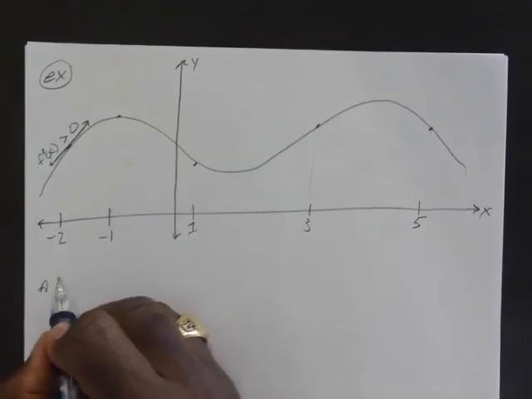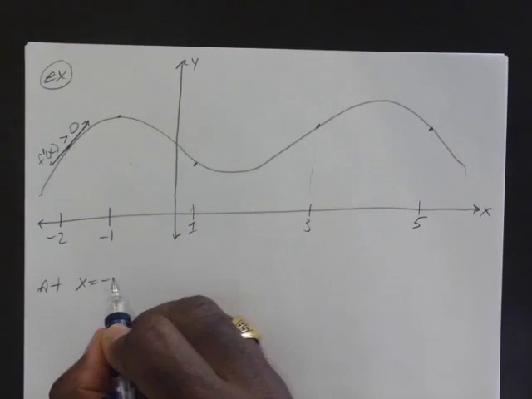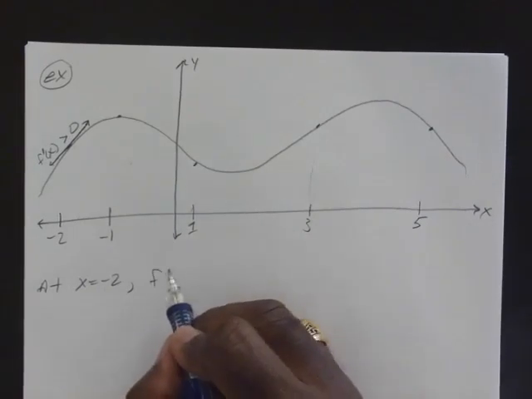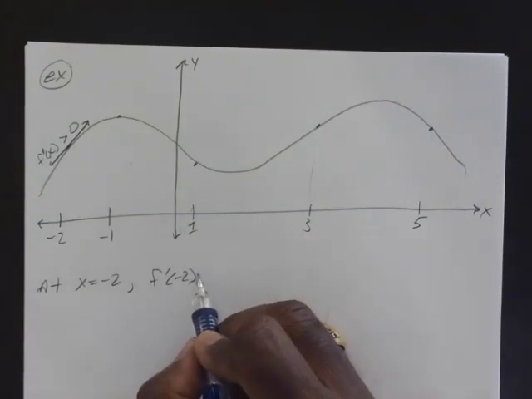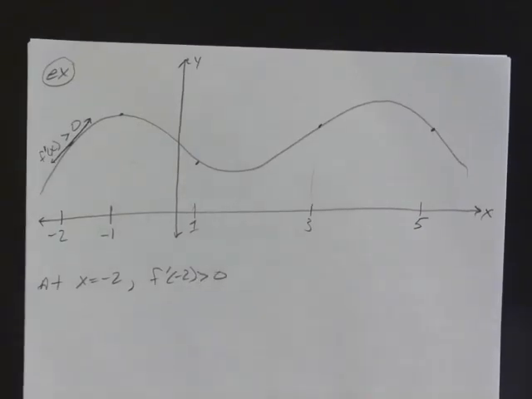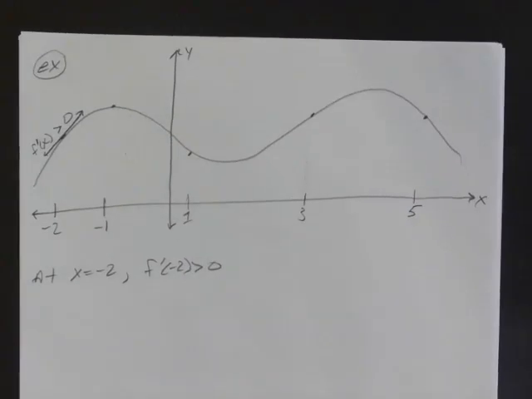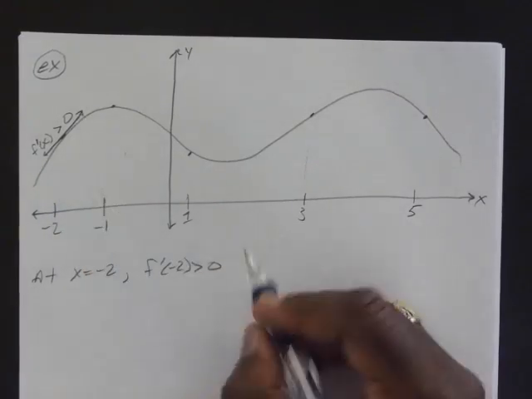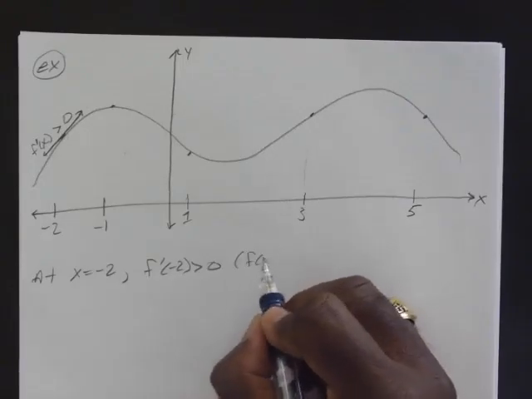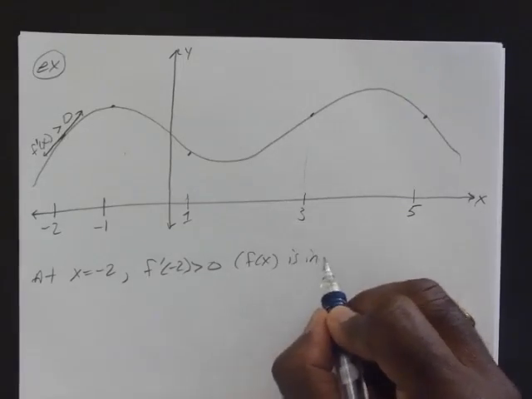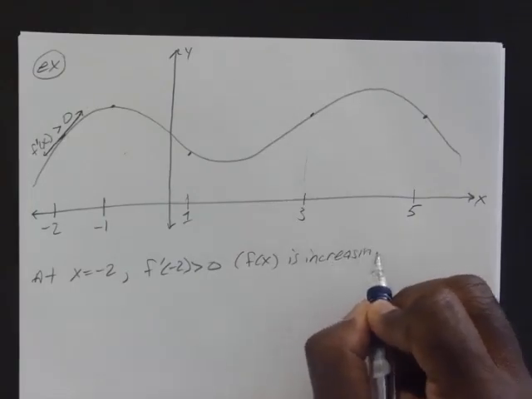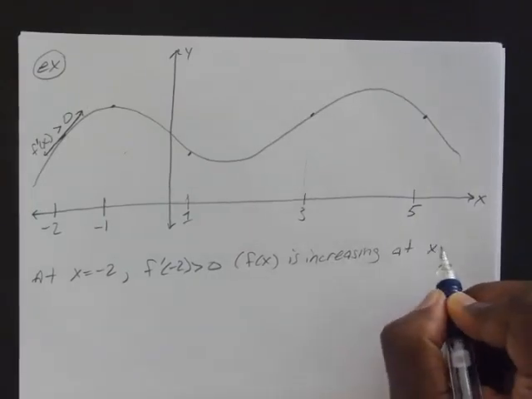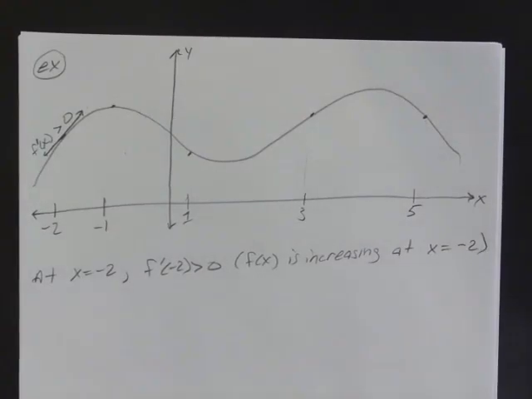Okay, so we know that at x equals -2, f prime of -2 is greater than 0. So when the derivative is greater than 0, we could see that our graph is increasing. F of x is increasing at x equals -2.